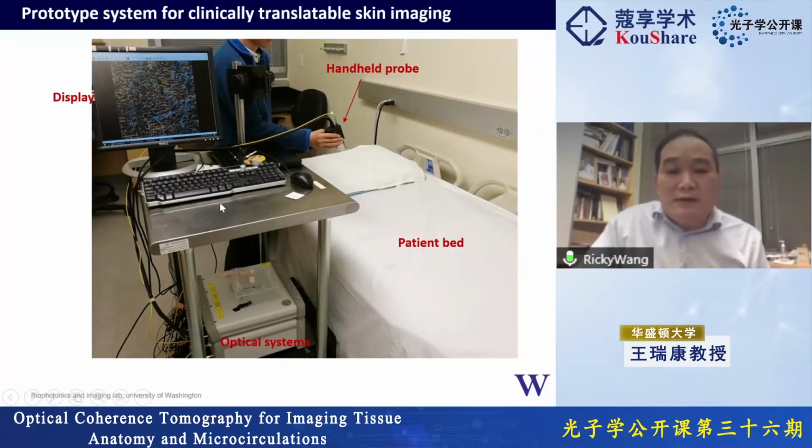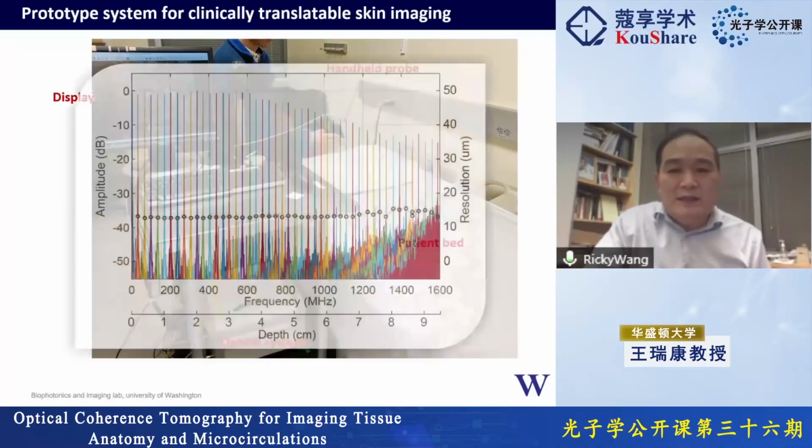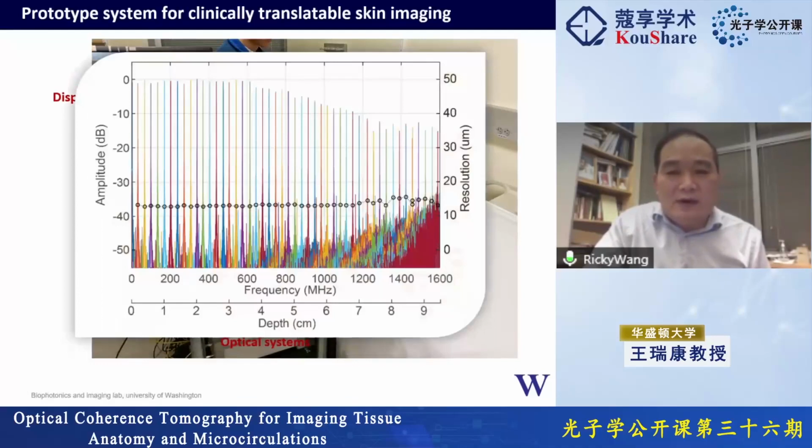So this is the first generation, and the beauty of this OCT system is that we are using the swept source with a very long coherence length. This very long coherence length gives you about 10 centimeters ranging distance.